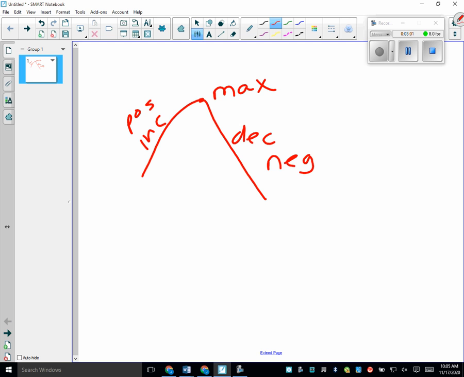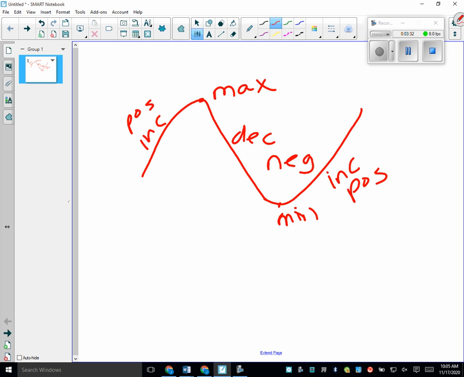Now, it has a minimum when I go back the other way, right? Yeah. This is a minimum. So on 5C, if it's a minimum, it goes from negative to positive. Where on the graph do I go from negative, or below the x-axis, to above the x-axis?